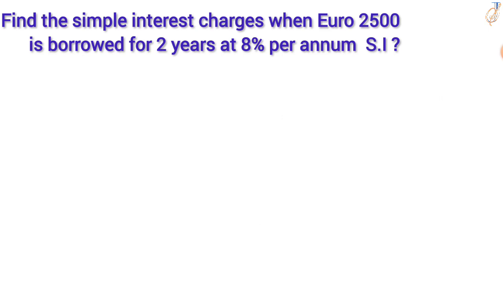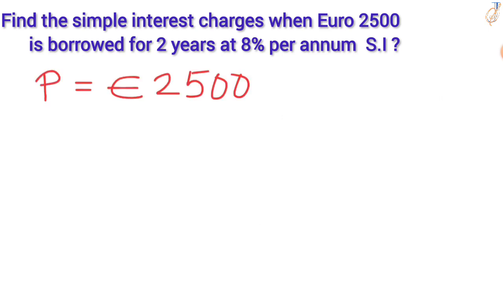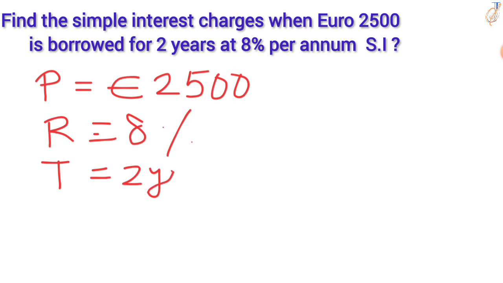Find the simple interest charged when principal is 2,500 euros at the rate of 8% and the time is 2 years. Find the simple interest charged when 2,500 euros is borrowed for 2 years at 8% per annum simple interest. Here also they are asking how much the simple interest is charged. So you have to find only the interest value. First take the interest.